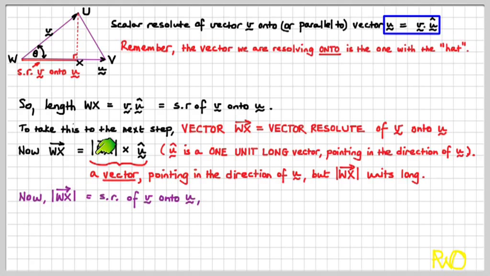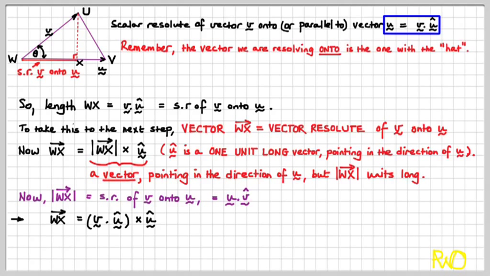So that's going to get us our formula for the vector resolute. So here it comes. Yes, that's right. And here we've got, yes, therefore Wx, the vector resolute of v onto u, is equal to the length of the scalar resolute times vector u hat.